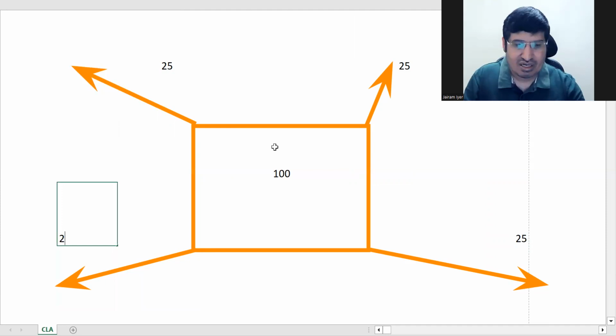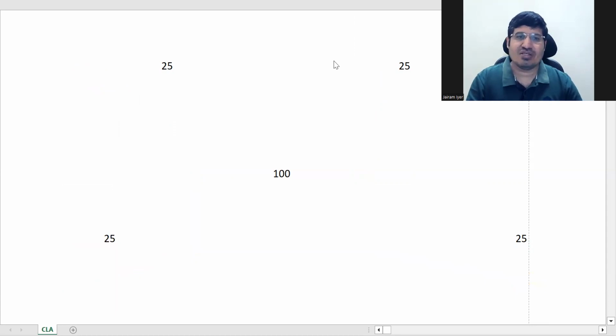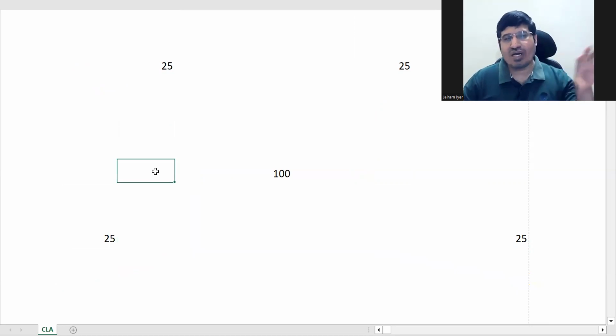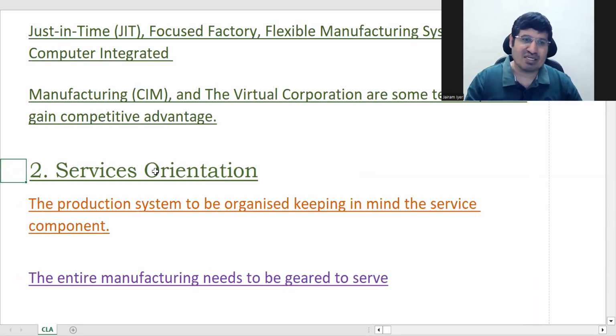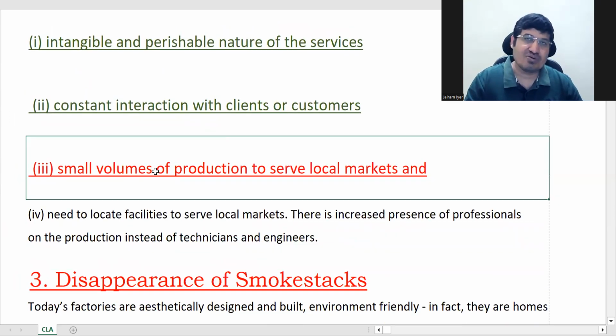Getting the point? This is what that point is saying. Instead of investing the whole lump sum in one place, cut it up, and based on your market, go and invest near your markets. Small volumes of production to serve local markets, instead of producing the whole thing at a far off place.